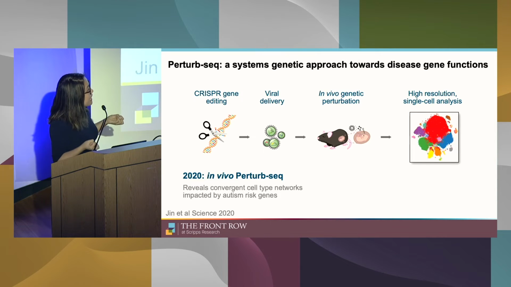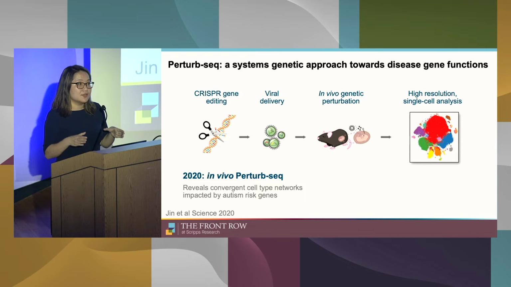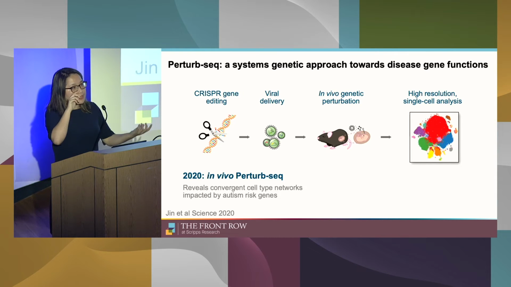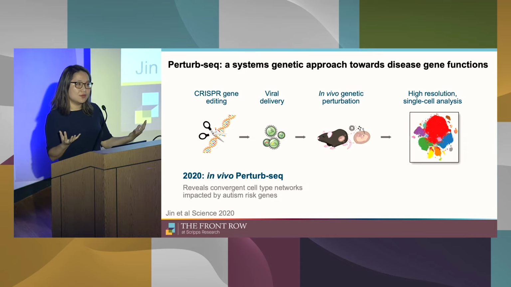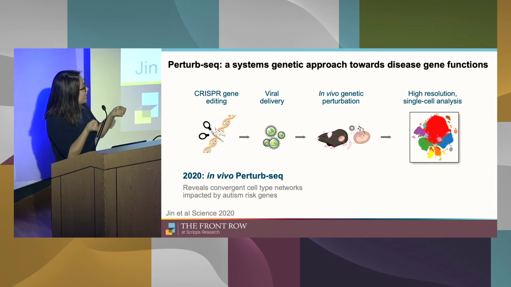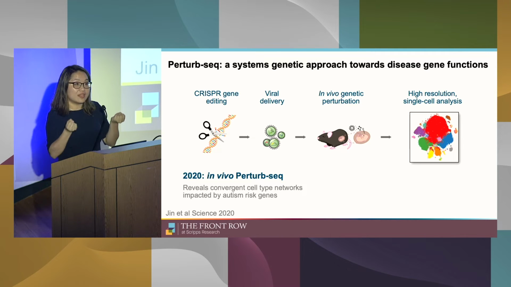So on the right side, what I'm showing you is the analysis of these cells using a technology called single-cell RNA sequencing. You can imagine that now we can collect tens of thousands of cells and start analyzing the molecular components of each individual cell, and then put them all together like a Monet painting, where each dot on this plot represents one cell.